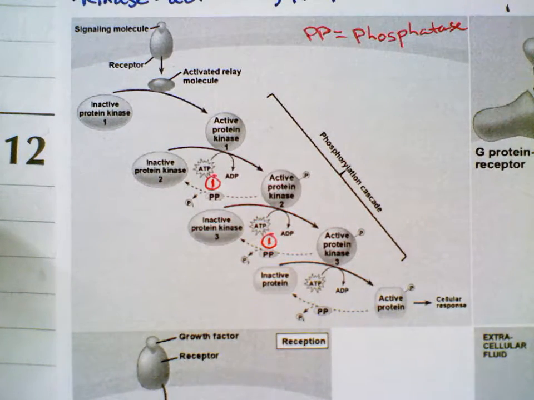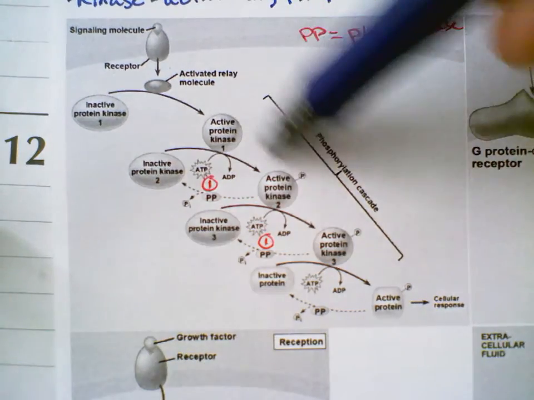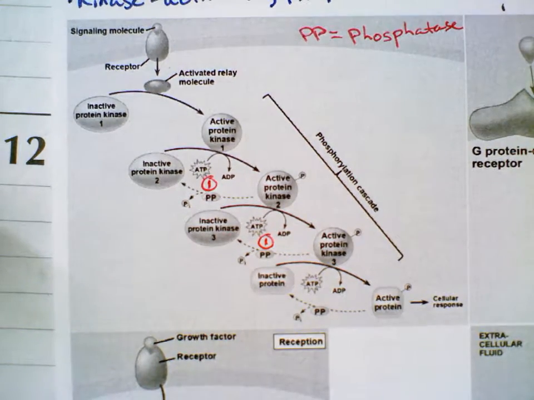So it doesn't really matter what that response is. We're just speaking in generalities, but the phosphorylation cascade itself is going to be just passing phosphate groups all the way down a series of proteins, a series of kinases.